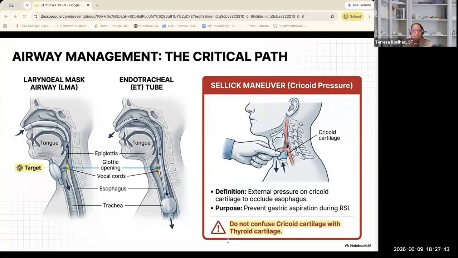Okay. Now, why would airway protection be especially important during a rapid sequence induction? So we're trying to get the patient to sleep fast. And there are no wrong answers. I just want to have us all work through this together.